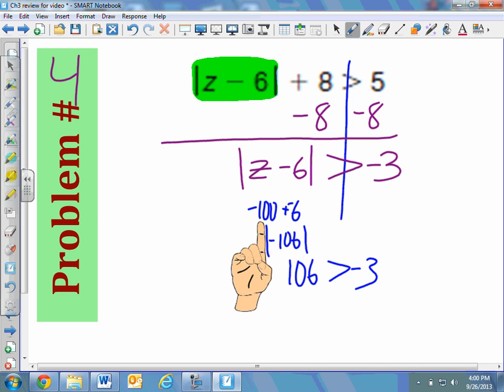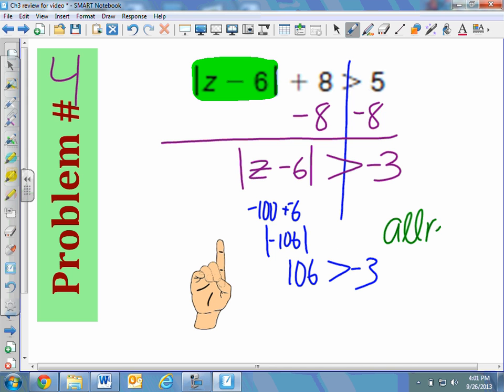And because it's always a positive number, this thing is always going to be true. Because this side is always going to be bigger than a negative. So guess what you do here then? This means all real numbers. Okay? That's it. That's all you got to do.